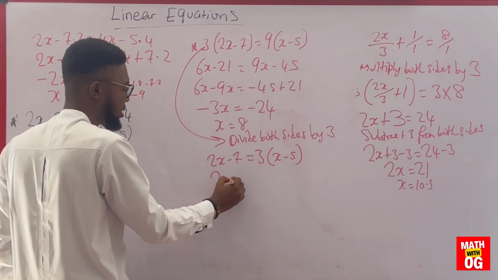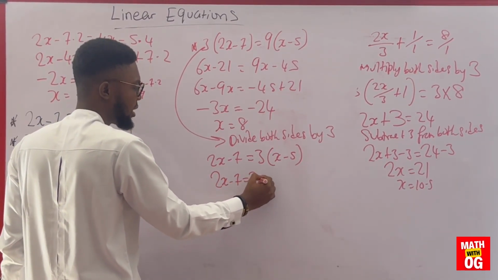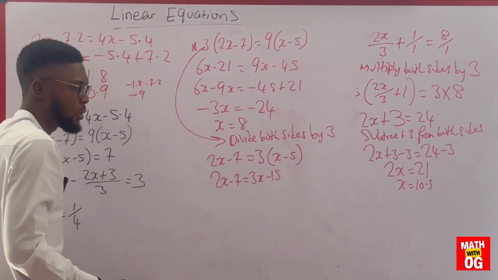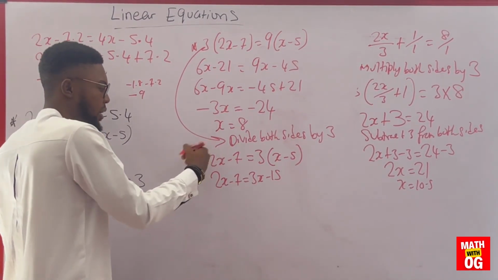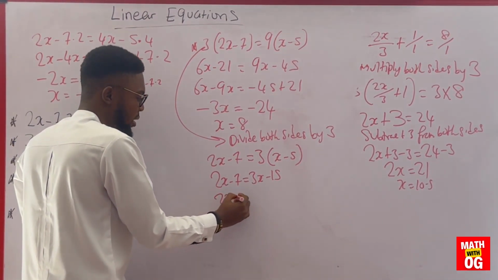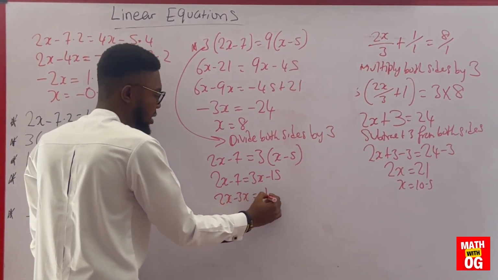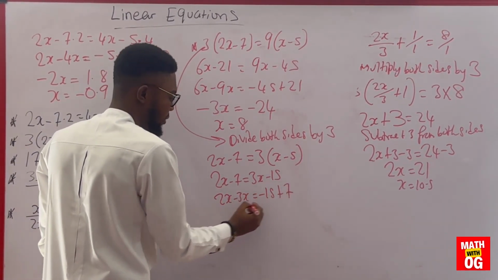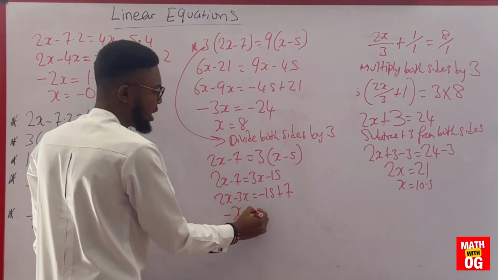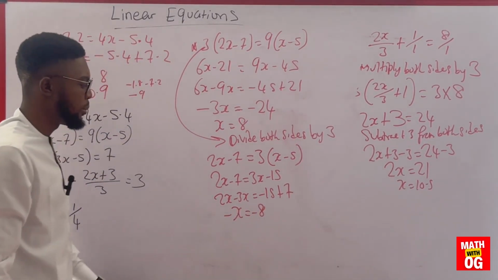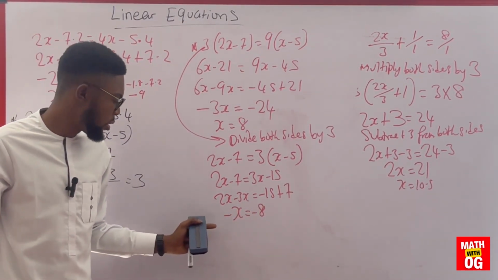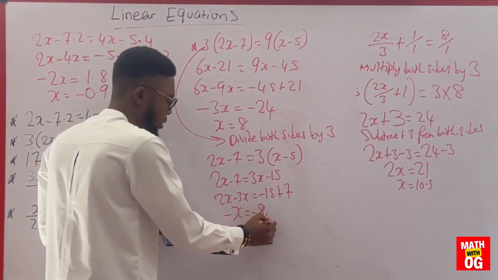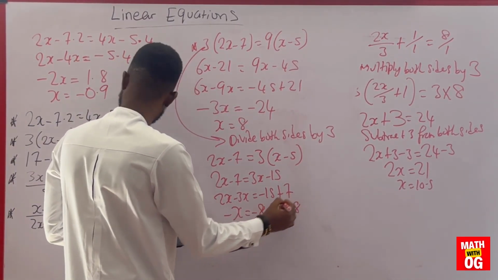This is 2x minus 7 and this is 3x minus 15. Collect like terms. Move 3x to the other side. You have 2x minus 3x is equal to negative 15 plus 7. This will give me a negative x and a negative 8. Multiply both sides by minus 1 or divide both sides by minus 1. Your x will be equal to 8.